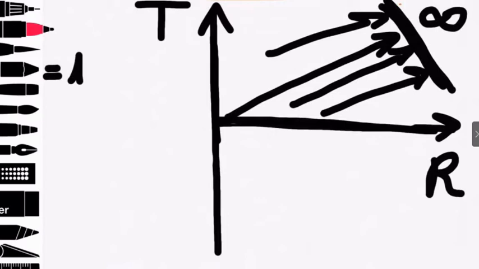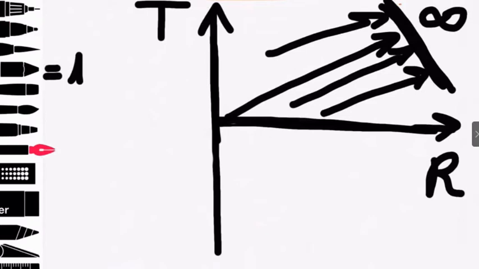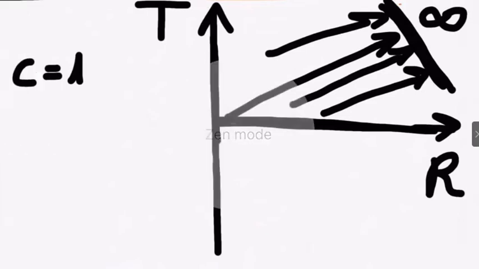Now, I am being extremely hand-waving here because in order to bring that infinity back to the sheet of paper, or the screen of whatever pad you're using, you need something which is a conformal transformation.